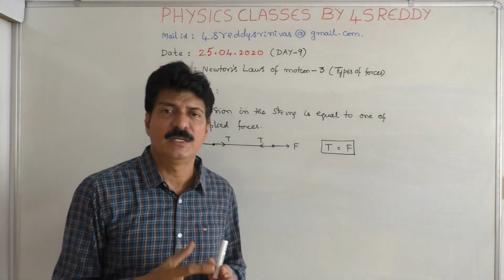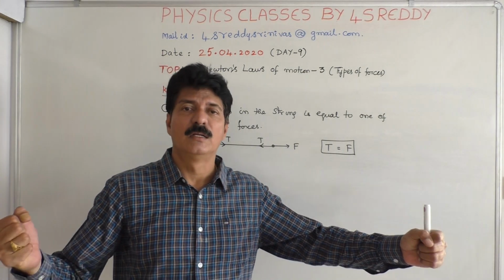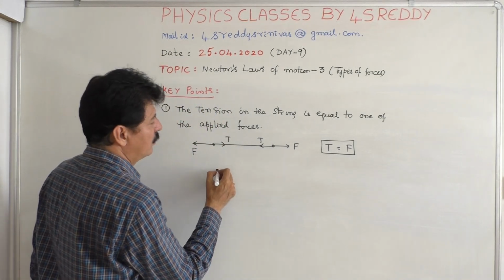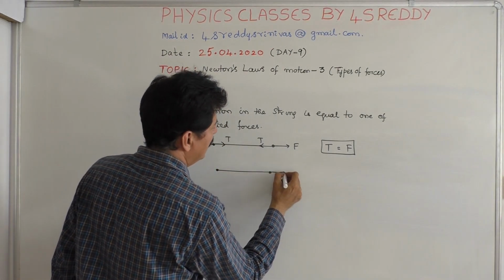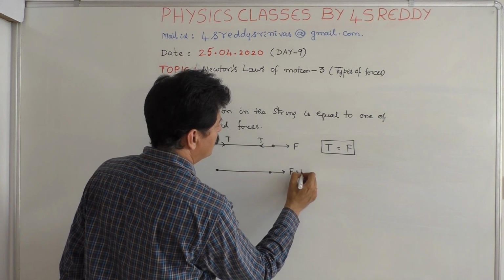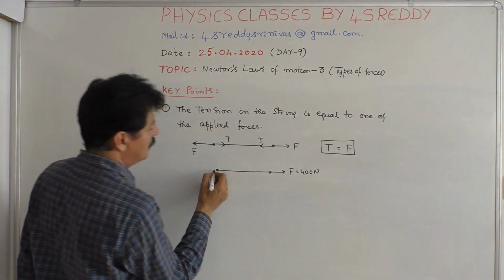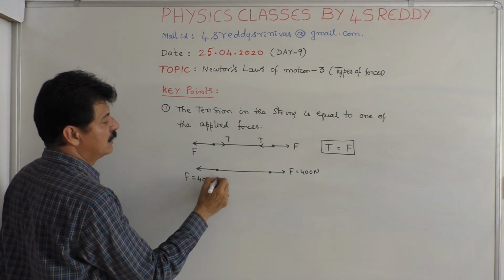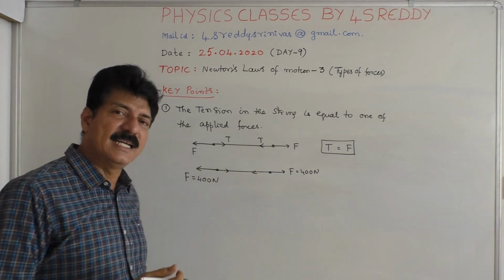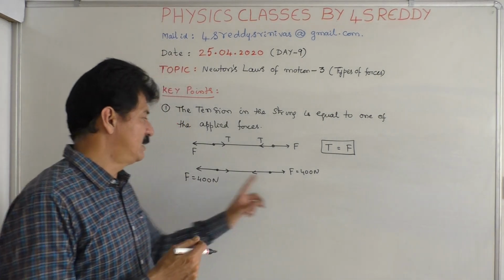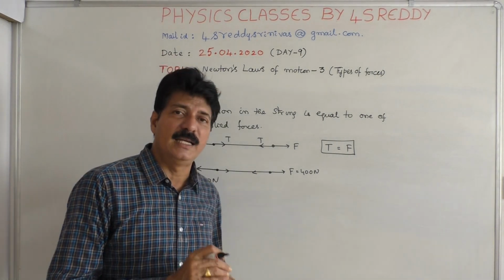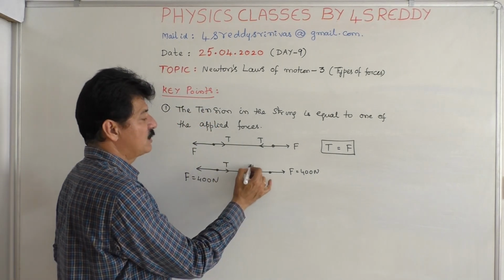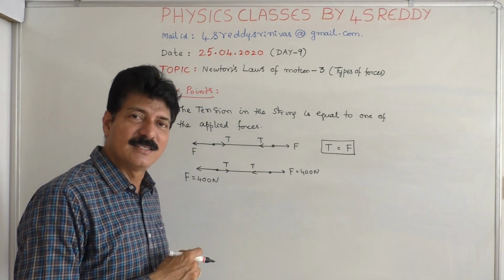The best example is a tug of war, where the rope is pulled by each person with the same force. Let us say here the force applied is 400 Newtons, and here also we are applying a force of 400 Newtons. If that is the case, what is the tension in the string? Since these two are opposite, if you say it is zero, you are wrong, because the tension developed in the string is always equal to one of the applied forces.